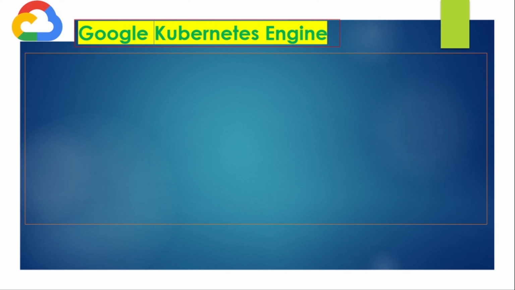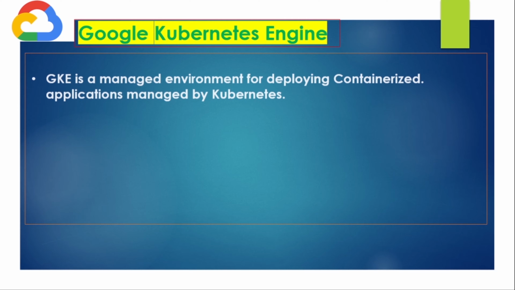Now let's have a look at Google Kubernetes Engine. Google Kubernetes Engine is a managed engine for deploying containerized applications that are typically managed by Kubernetes. Kubernetes is the industry's most powerful and most popular container orchestration engine. It's an open source project that originated at Google, but now it's part of a larger organization called the Cloud Native Computing Foundation, right?